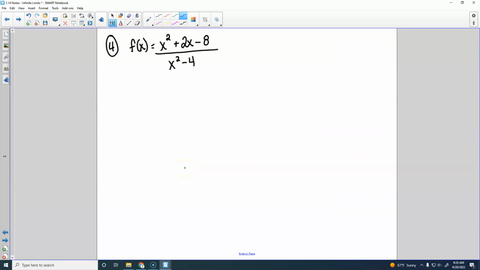All right. Okay, let's look at this one. Same directions, find all of the vertical asymptotes. So that numerator, we could factor: x plus 4 and x minus 2. Denominator factors into x plus 2, x minus 2.